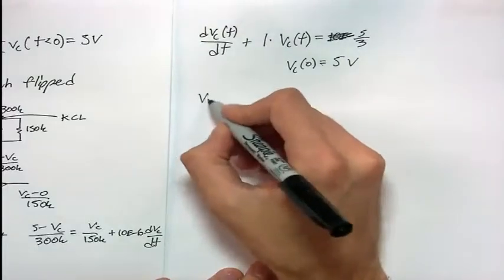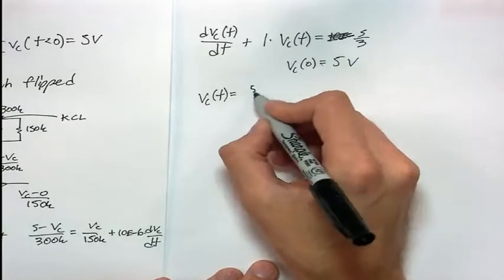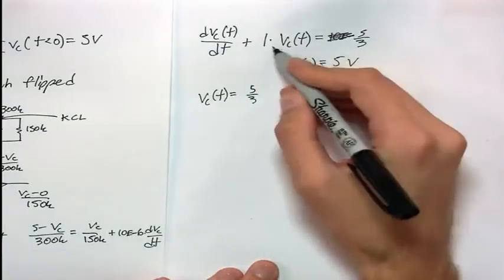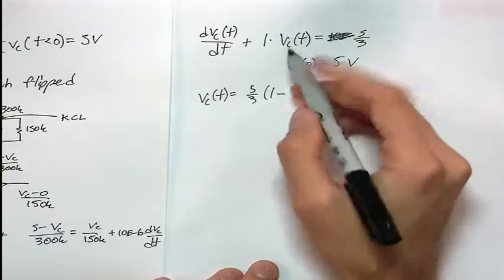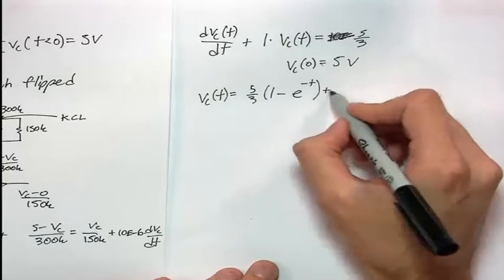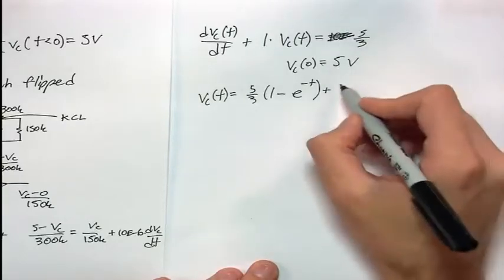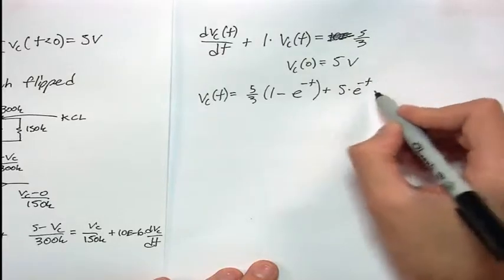So using the formula that we have in the notes, Vc(t) is equal to 5/3, the k over a, times (1 minus e to the negative a t, where a is 1), plus the initial condition, 5, times e to the negative t.